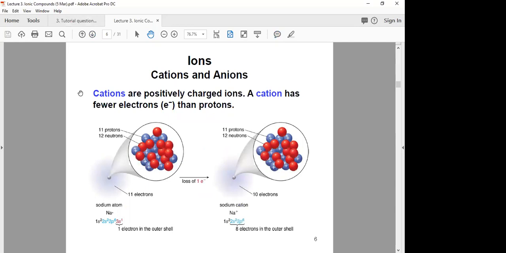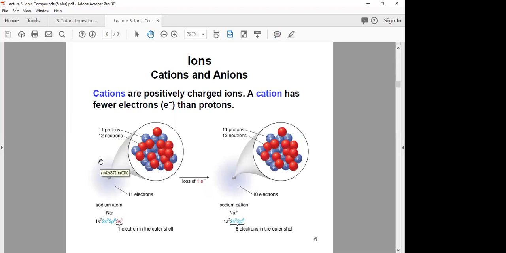Cations are positively charged ions and a cation will have fewer electrons than it does protons. Let's look at sodium as an example. Sodium, as per the periodic table, has 11 protons in its nucleus, and it has 11 electrons. So that's considered to be a neutral species of sodium.